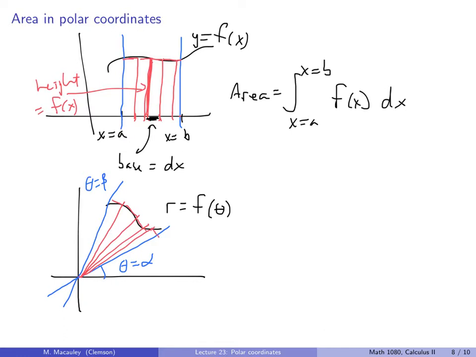Something like that. And we add up the area of the triangles. So, informally, the area is the limit as delta x goes to 0 of the sum of boxes.